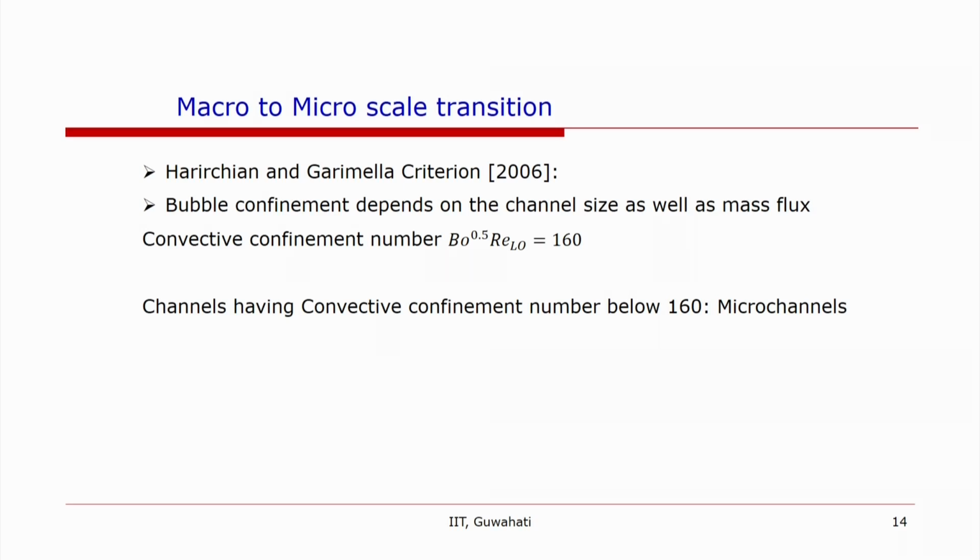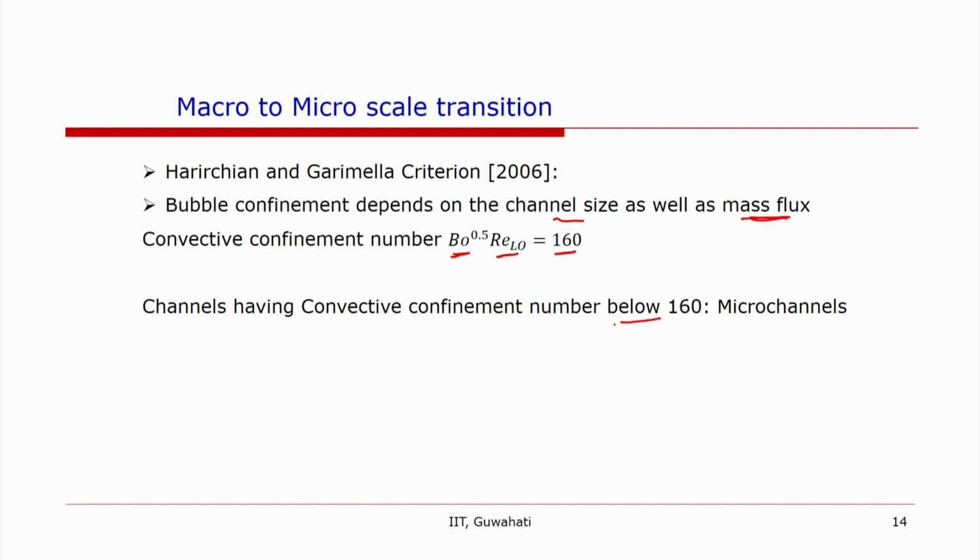They suggested that not only the effect of bond number, but the effect of mass flux or the flow rate of the liquid is also an important criteria to determine if the microchannel effects are going to be important. And they suggested that the root of bond number multiplied by the Reynolds number is equal to 60.